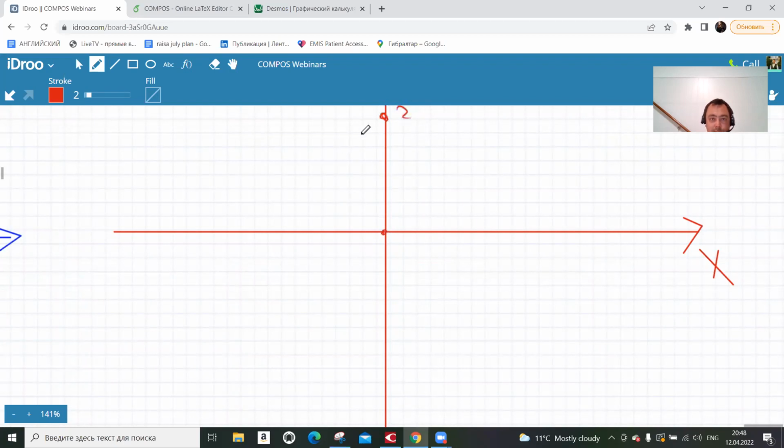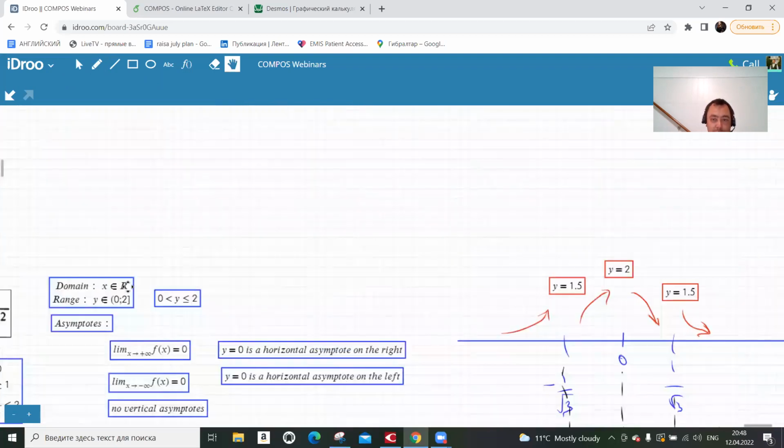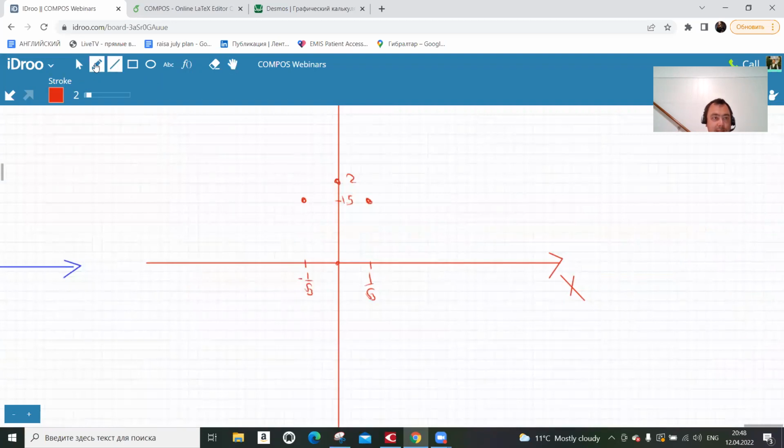Then we have the inflection points, which is minus 1 over square root of 3 and 1.5 here, and a symmetrical point on the other side, 1 over square root of 3, 1.5. And we have the asymptote. Usually we draw the asymptote as a dashed line, and we draw y equals 0. This is the asymptote.